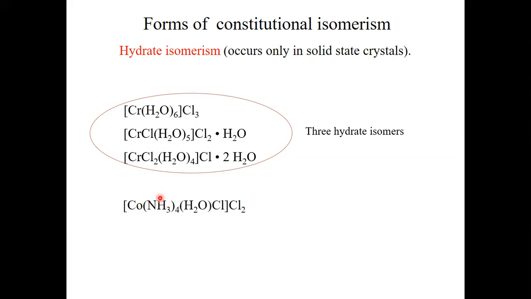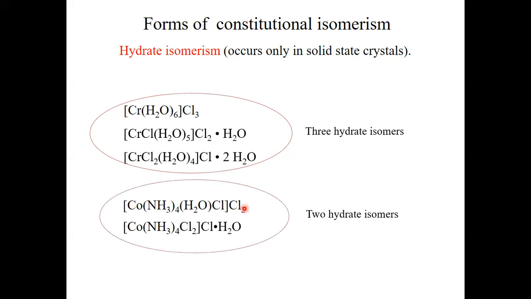Here we have tetraammine aqua chloro cobalt 2+ chloride. There is a hydrate isomer to that, in which, again, an aqua ligand, in this case the only aqua ligand that we have, moves from the first coordination sphere to the crystal, where it now exists as a hydrate.